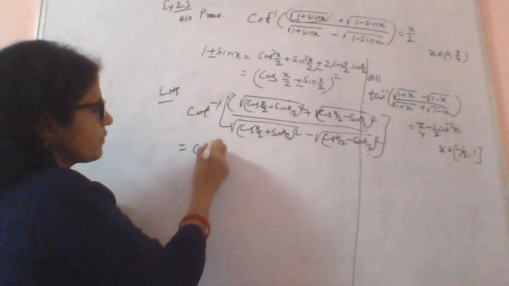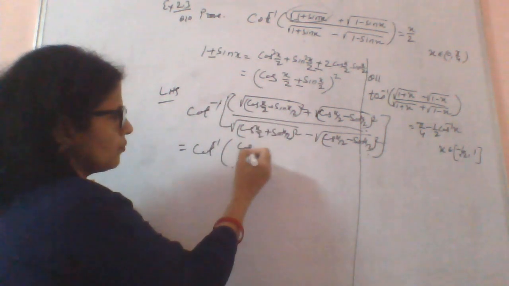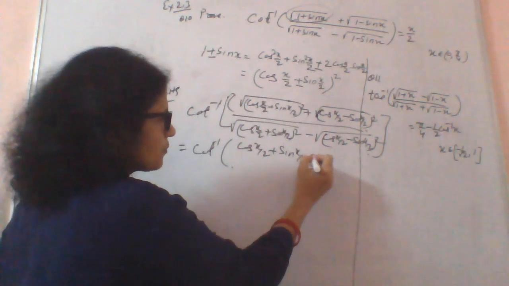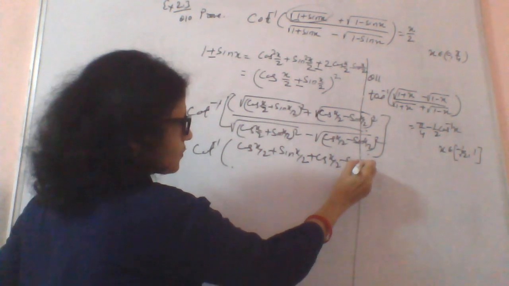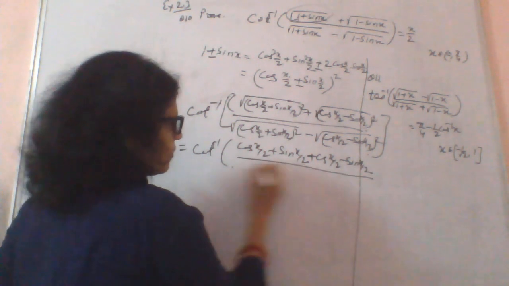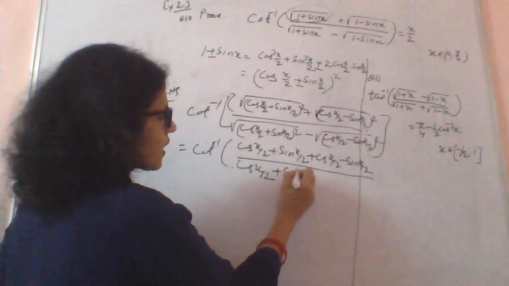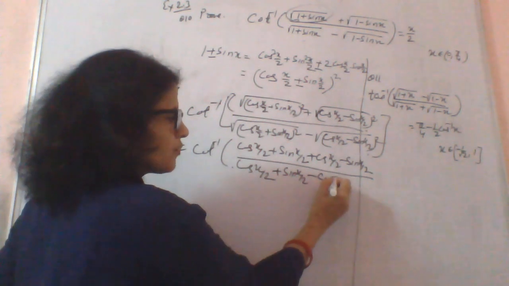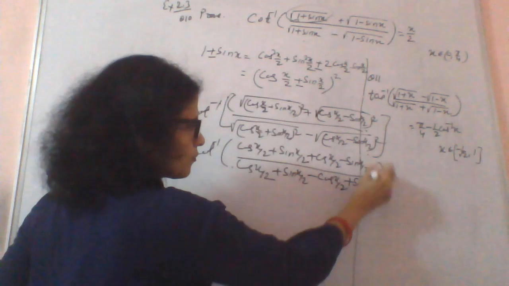Okay, so in cot inverse, you are getting here cos x by 2 plus sin x by 2 plus cos x by 2 minus sin x by 2, over cos x by 2 plus sin x by 2 minus cos x by 2 plus sin x by 2.